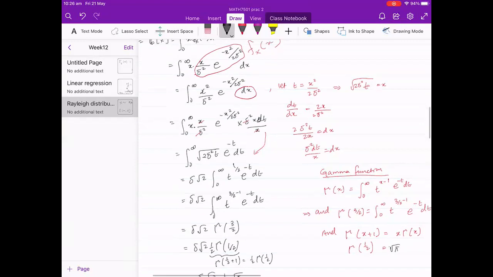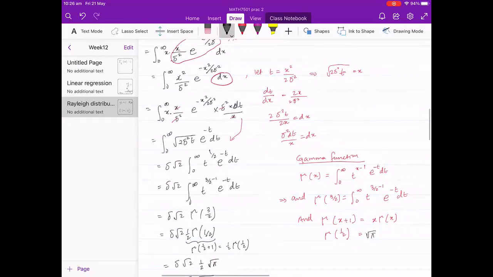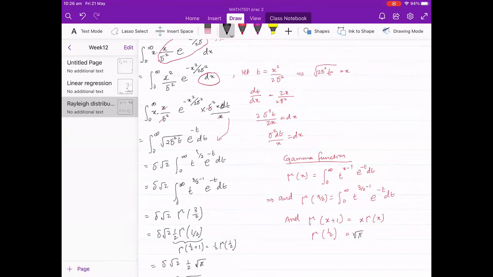You could use by parts also, but using the property, because I'm more familiar with the gamma function, I've used a property of the gamma function. In general, the gamma function is given by this integral, from 0 to infinity of t to the power x minus 1 e to the power minus t.